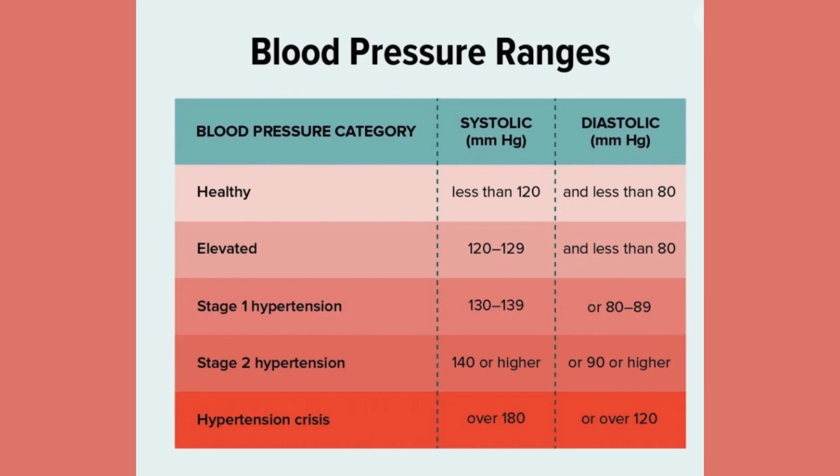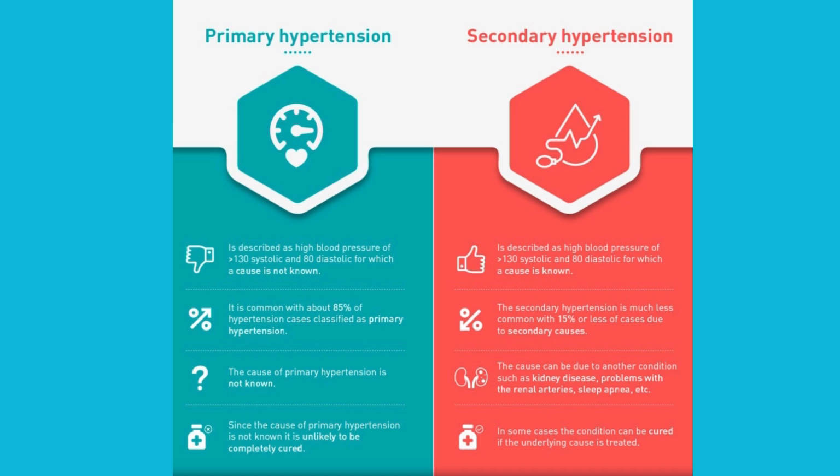Those who have more than 140 by 90 millimeters of mercury, you diagnose as a hypertension patient.